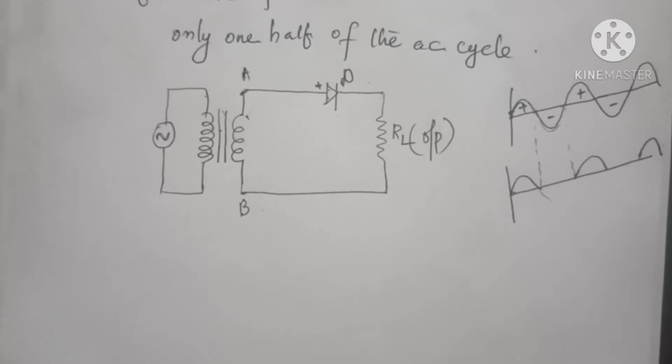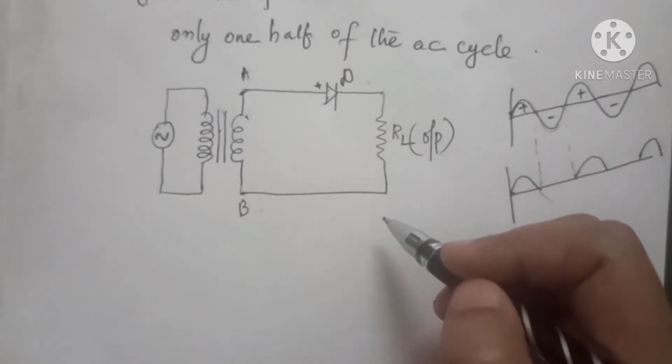Then the secondary is connected to a diode along with the output resistance RL, the load resistance. Now during the half cycles of AC, when the P region of the diode is positive with respect to the N region, that is A is positive with respect to B, the diode is forward biased. Hence the diode conducts current, and the current flows through the load RL downwards.